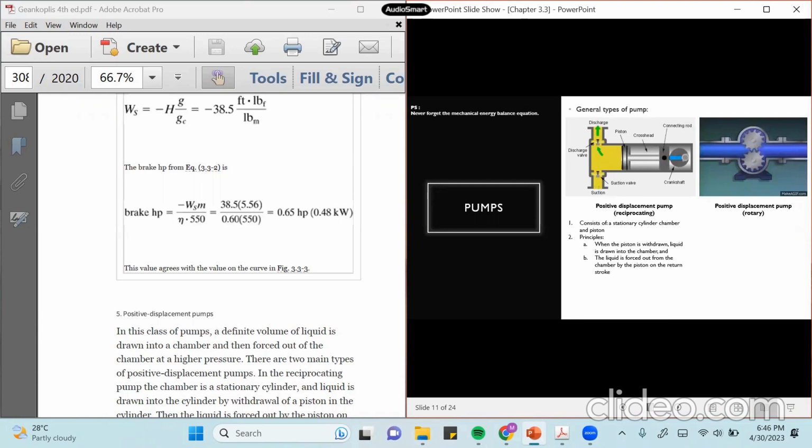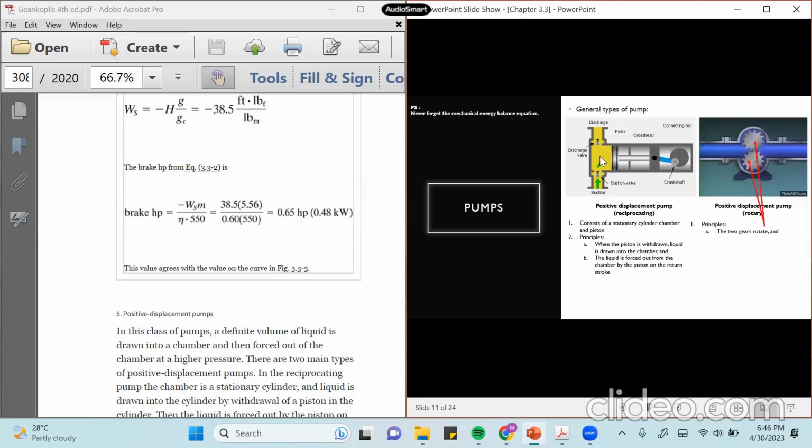So when the piston is withdrawn, the liquid is drawn into the chamber, and the liquid is forced out from the chamber when the piston is on the return stroke.